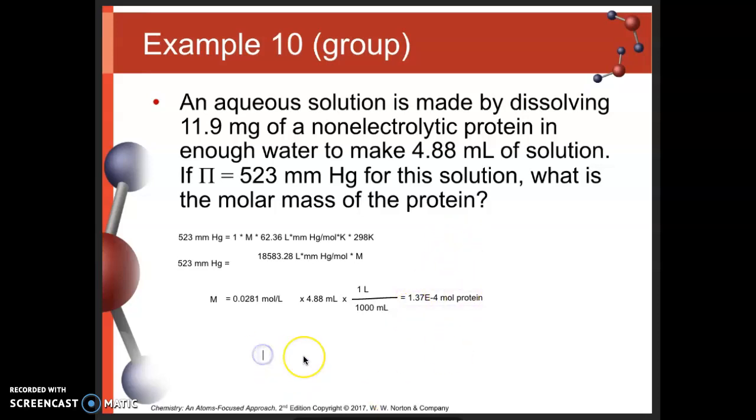And so molar mass is equal to 11.9 milligrams, so 0.0119 grams of protein divided by 1.37 times 10 to the negative fourth moles of protein.